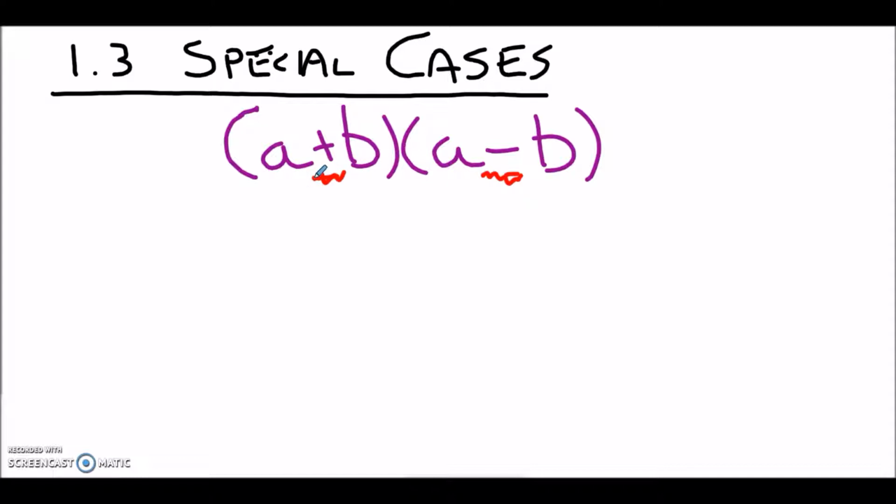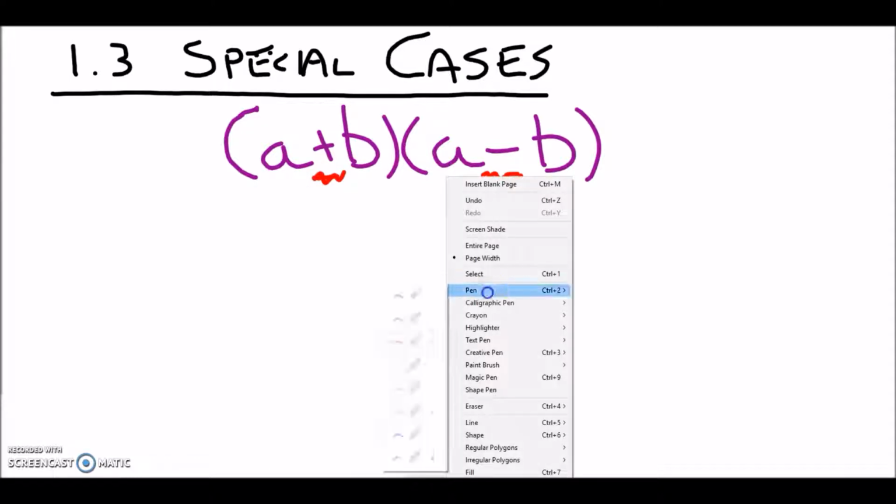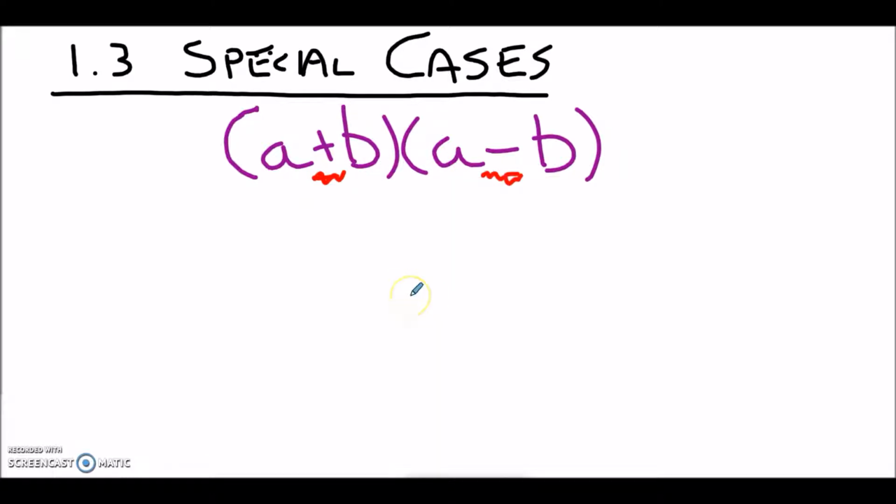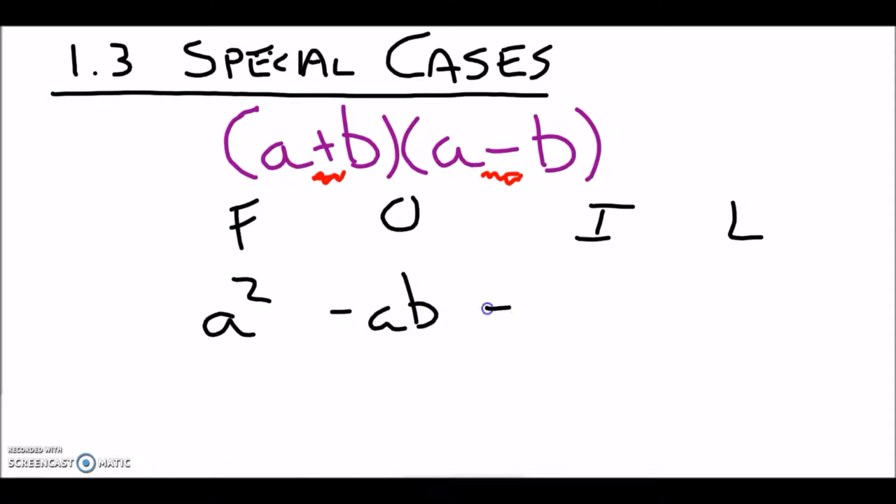Now, do you think you could already figure out what would happen when we FOILed? Well, if we FOIL, again, first, outer, inner, last: a times a is a squared, outer, negative a times b, inner, positive a times b, last, negative, because positive and negative multiply to a negative, b squared.